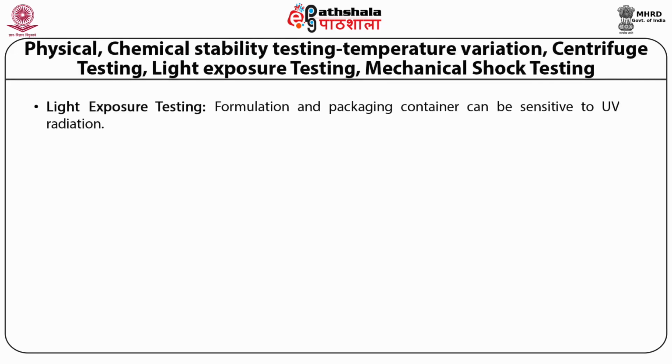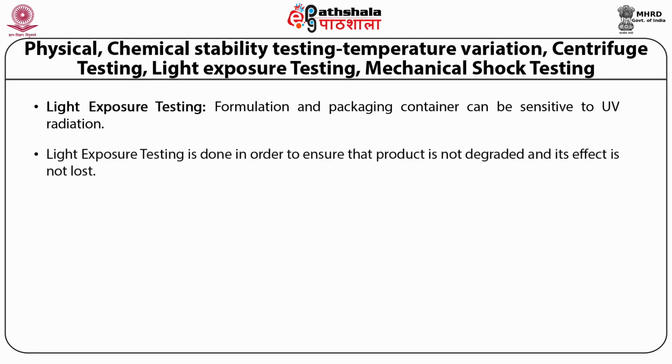Light exposure testing. Formulation and packaging containers can be sensitive to UV radiation. Light exposure testing is done in order to ensure that the product is not degraded and its effect is not lost. It becomes more important in the case of creams containing drugs. In this testing, the product is placed in the marketed container and in a glass jar, and another glass jar covered with aluminum foil is placed in the window, which serves as control.